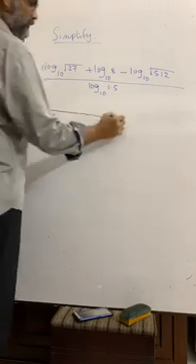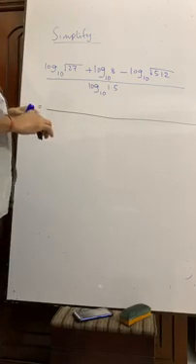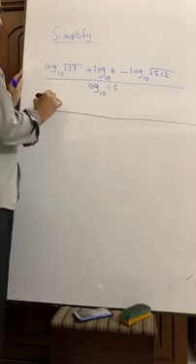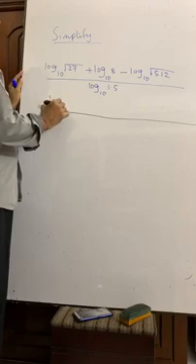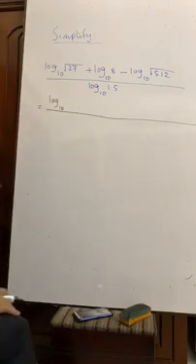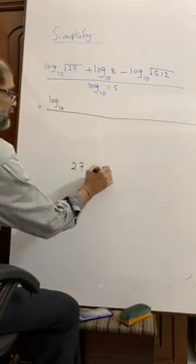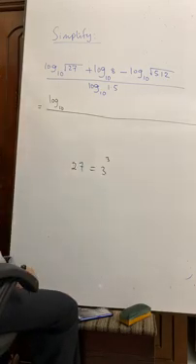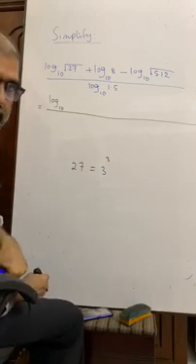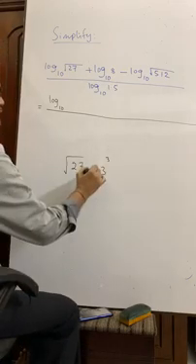What is to do? Pay attention. All of you are required to pay 100% attention. You see, log 27. What is 27? 27 means what? 27 means we can write 3 cube, right? Root over means what?